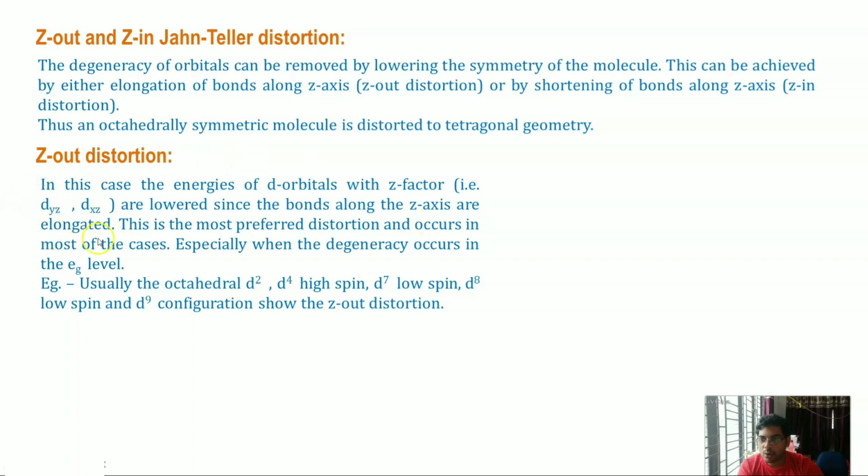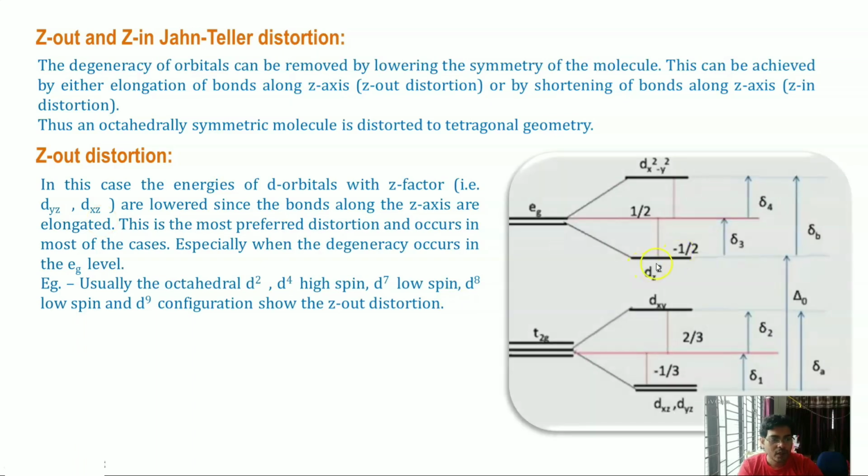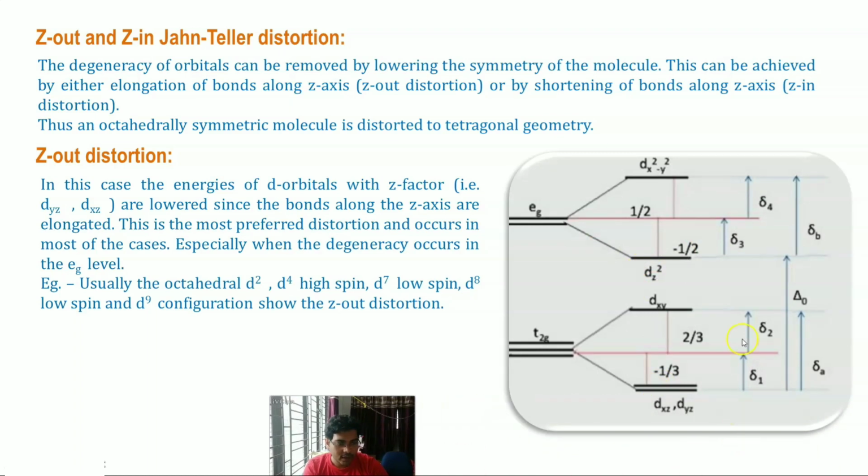These two orbitals containing the z factor get lower energy. Now look at the picture. Z square gets lower energy, xz and yz get lower energy. Again there is a splitting among the eg orbitals and among the t2g orbitals. Z square gets lower energy, and similarly x square minus y square will be at a higher energy level in order to maintain the average energy. So these are termed z-out distortions.